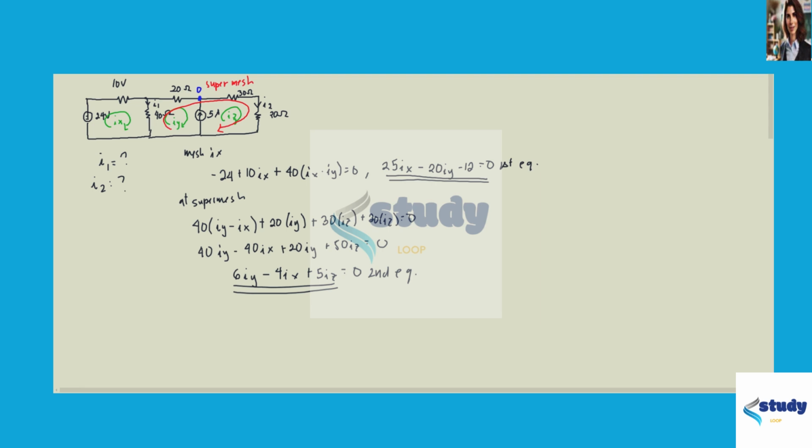So at node 0, the junction rule gives us I1, or Iy, is equal to Iz minus 5 amperes, since Iy here is to the right, Iz is to the right, and the 5 amperes is upwards.